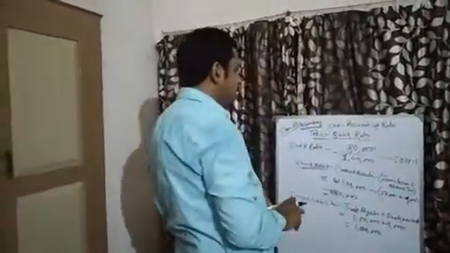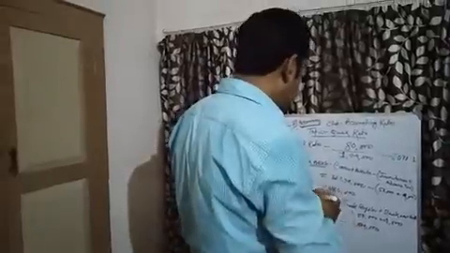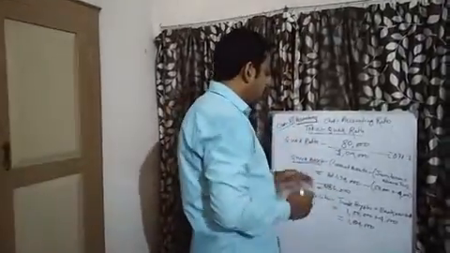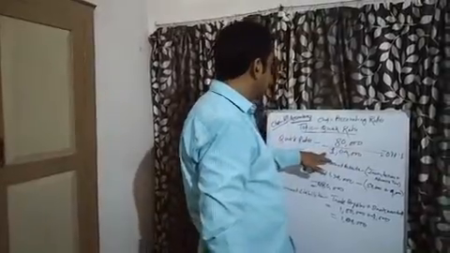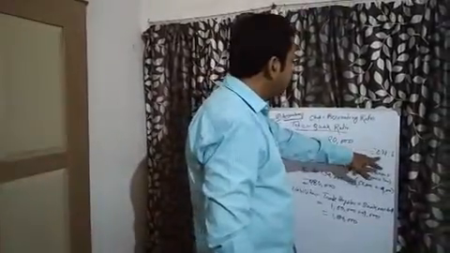Now that actually says that for 1 rupee of current liability, there is only 0.77 paisa of quick asset.